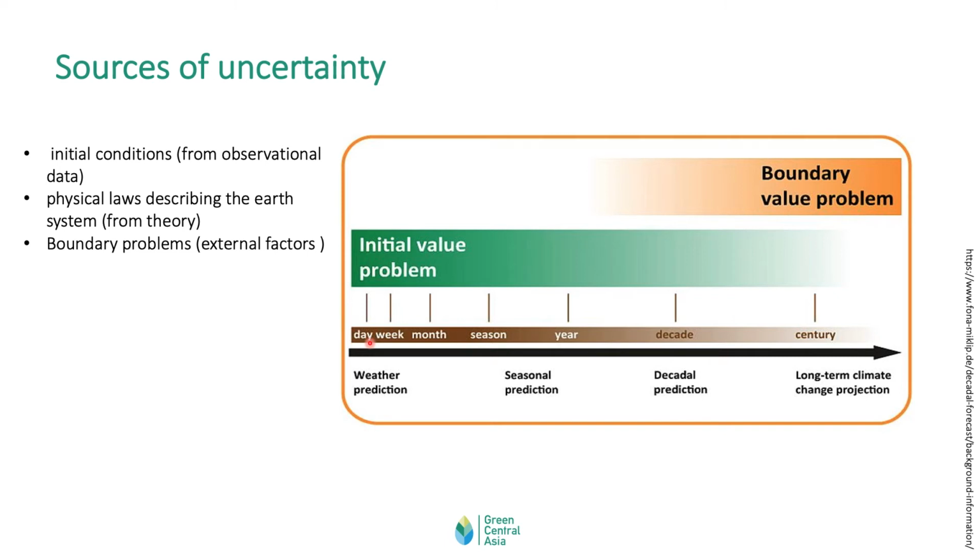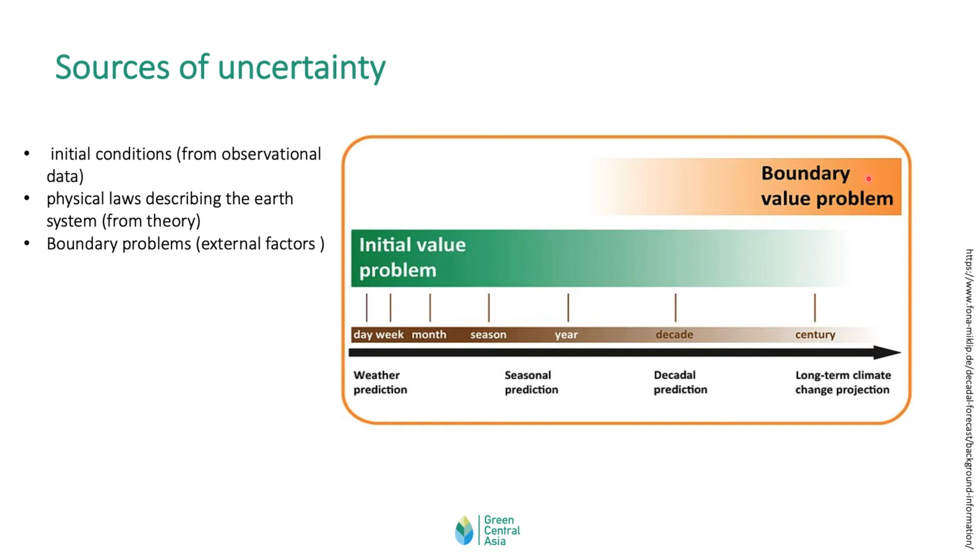the certainty will decrease. And if we go further in time to the time scales of the centuries, then we can forget about the initial conditions. And our problem would be the boundary value problems, which means what are the external factors?